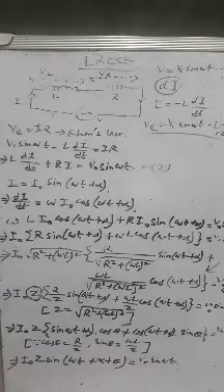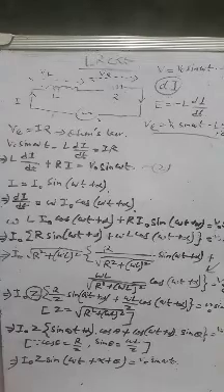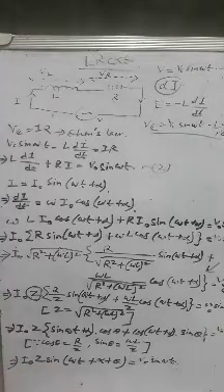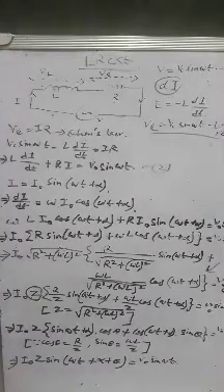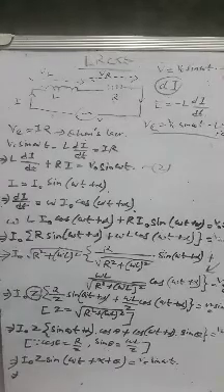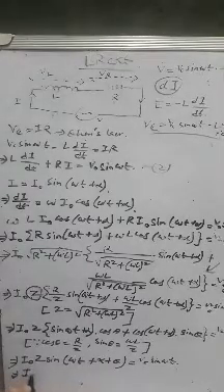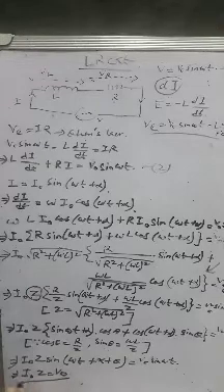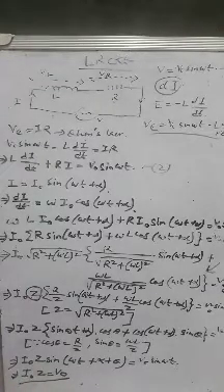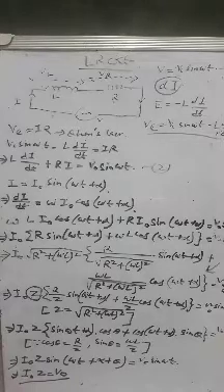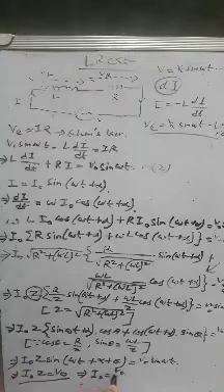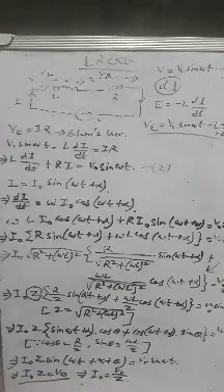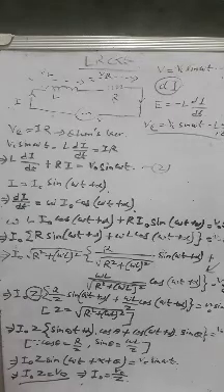After seeing the comparison in the two equations, what we can write, see the bottom part I'm writing: I naught Z will be equal to V naught, or I naught will be equal to V naught by Z. I can write this after seeing the comparison in the two equations, from the identity.